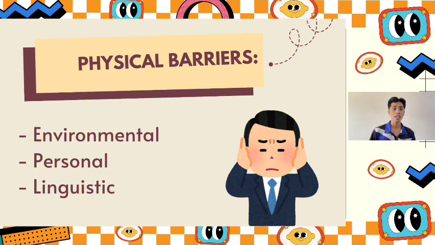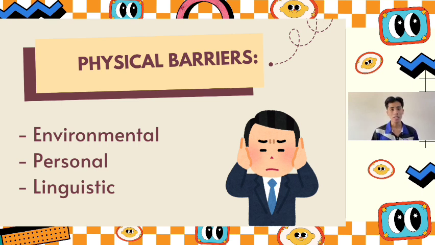So here are some examples of personal barriers. First, thinking about your own response without hearing the speaker. This refers to the tendency to formulate a response while the speaker is still talking.